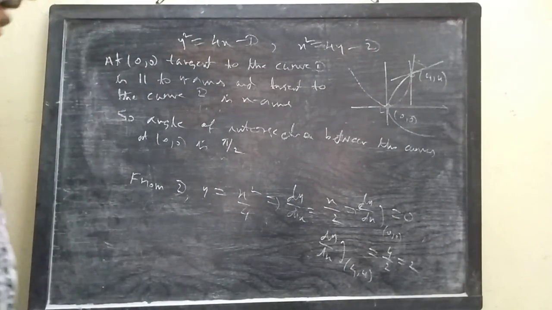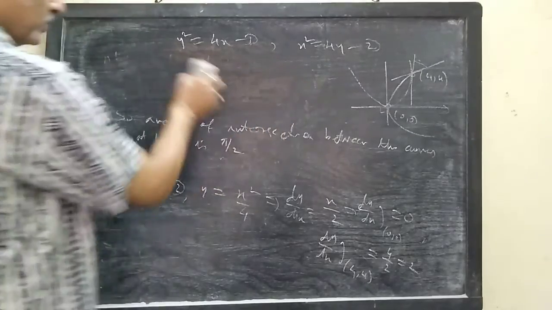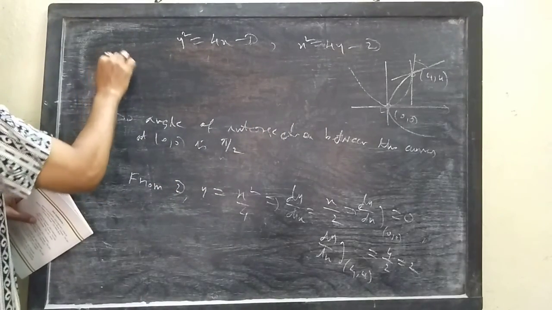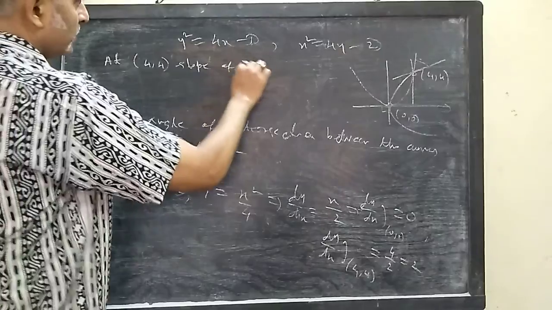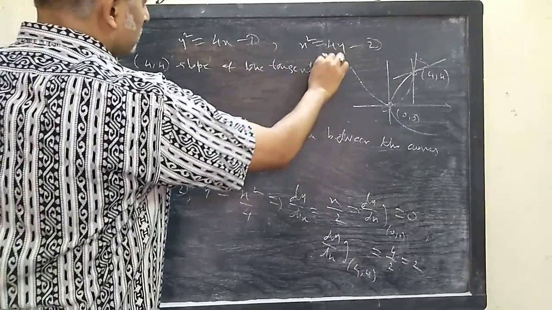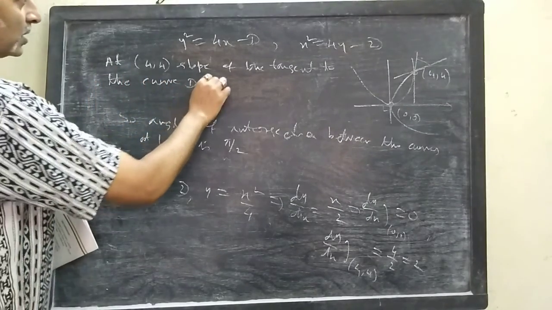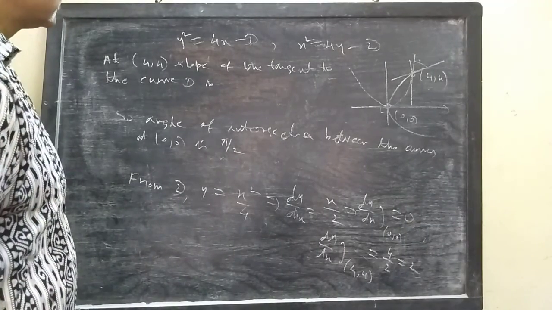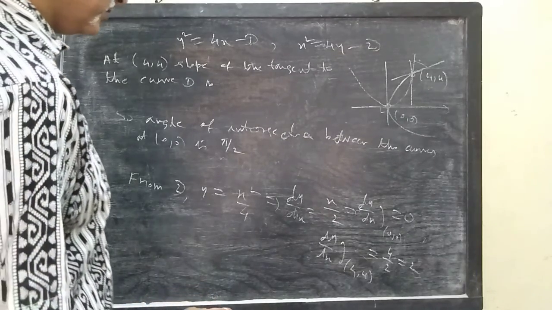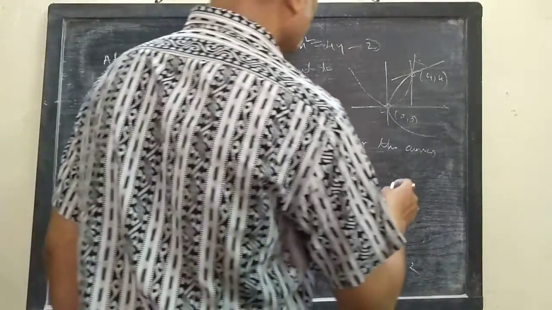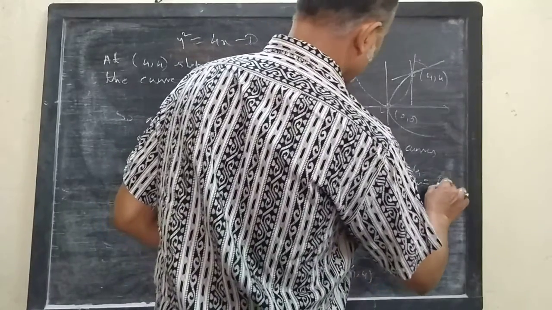Next, we have to find the angle between the curves at 4, 4. At 4, 4, the slope of the tangent to the curve 1 is, let me calculate again, I have erased it. 2y dy dx equals 4.